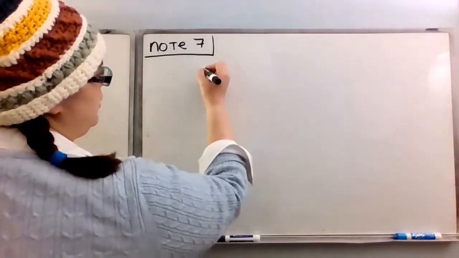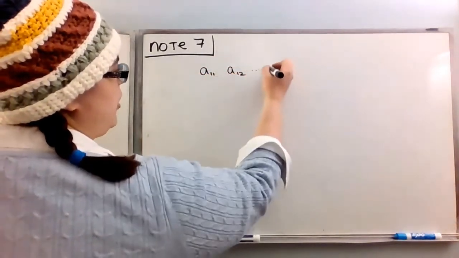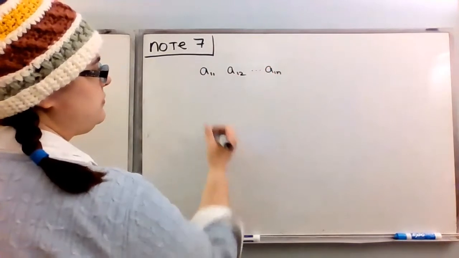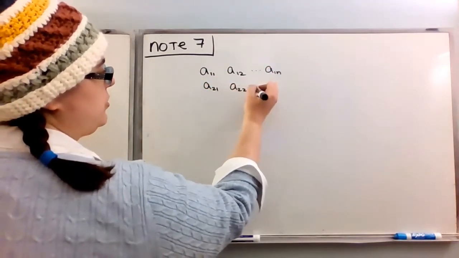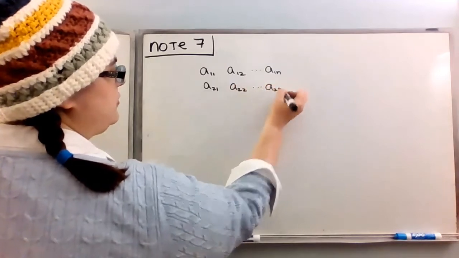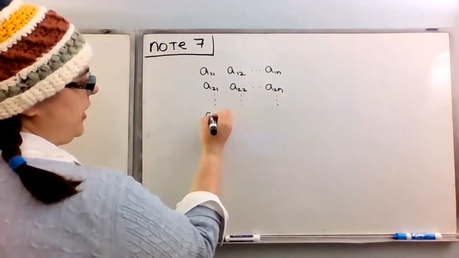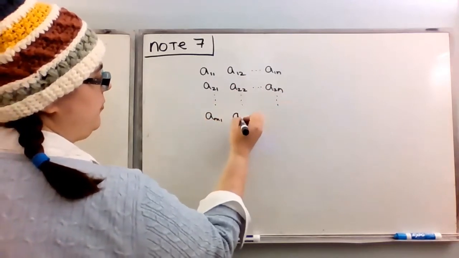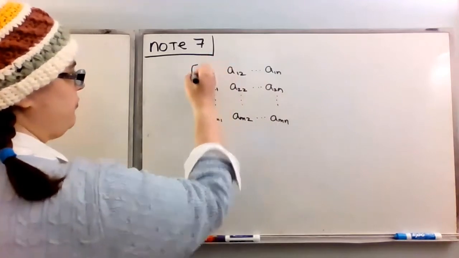So we have A11, A12, up to A1n. And then we have A21, A22, up to A2n, and so on and so forth, until we have Am1, Am2, up to Amn.